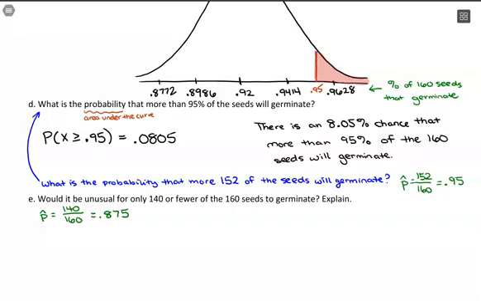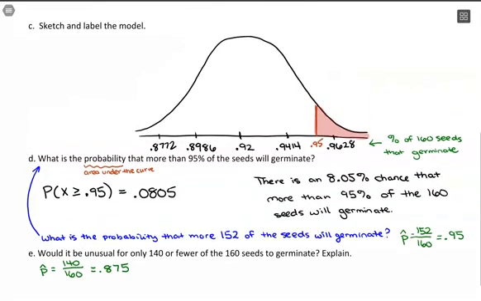So what we could do is, in terms of is it unusual, you could actually pretty much answer this question already. If you remember, what's considered unusual for a graph is anything outside of 2 standard deviations away from the mean.